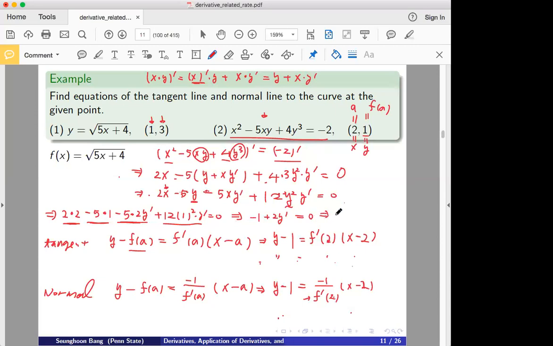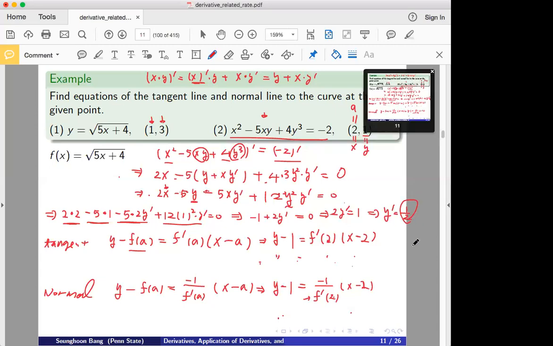You just add 1 to both sides. 2y prime equals 1 divided by 2. Y prime equals 1 over 2. So this is the slope. You can plug into the equation of tangent. Y minus 1 equals 1 over 2 times x minus 2. This is the equation of the tangent line.